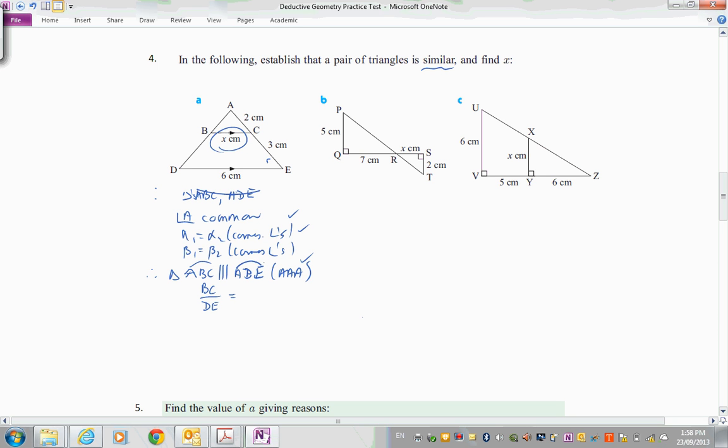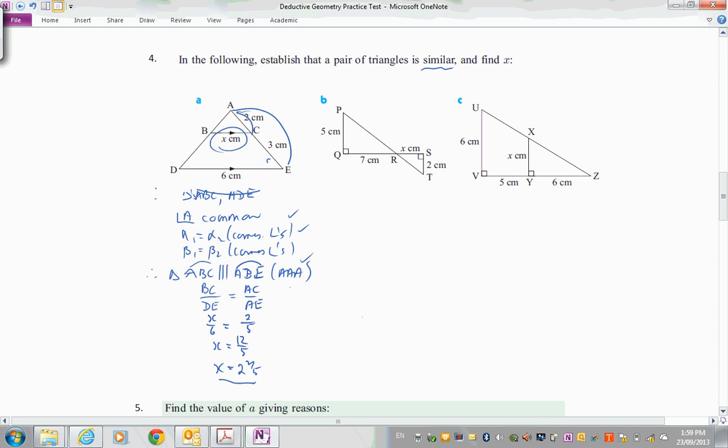So putting the numbers in, BC to DE is X is to 6, AC is 2, AE is 5. Remember, it's the whole side AE that's been enlarged out to that one. So multiplying both sides by 6, 12 over 5, or X is 2 2/5.